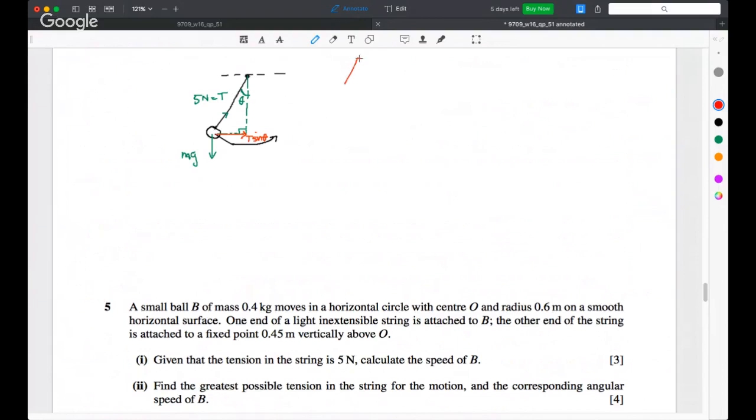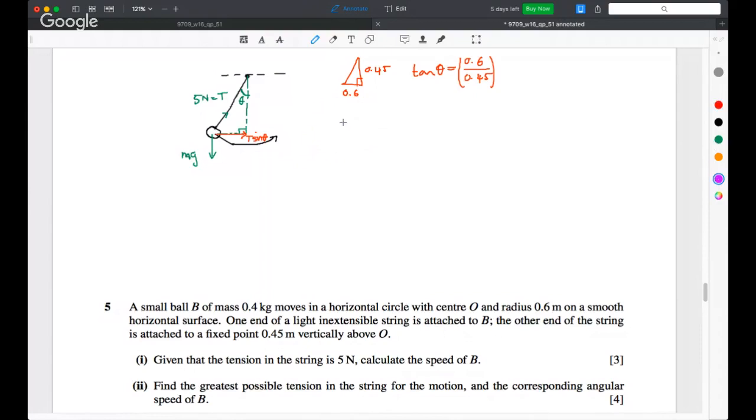That's easy. Within this triangle, whether the triangle is talking about forces or actual measurements of distance, it's still going to be the same theta. So we're told this is 0.6 and this is 0.45. And that means that the tan of theta is 0.6 over 0.45, no problem. Now, the horizontal forces, well, there's only one, it's T sine theta, so that's our only source of anything that's going to give us acceleration.